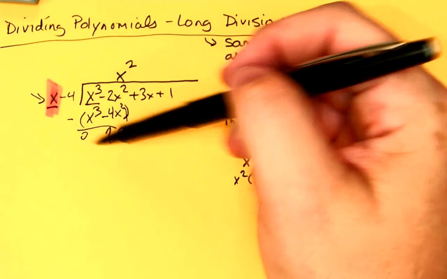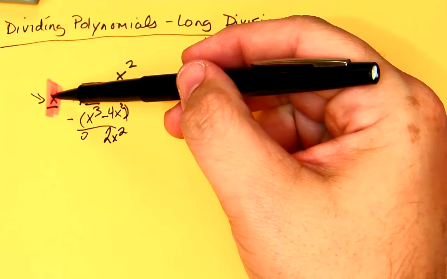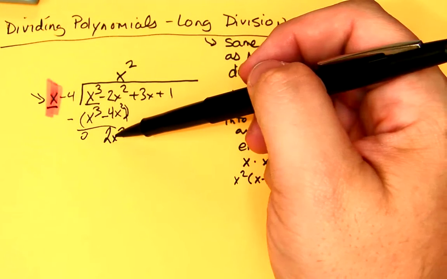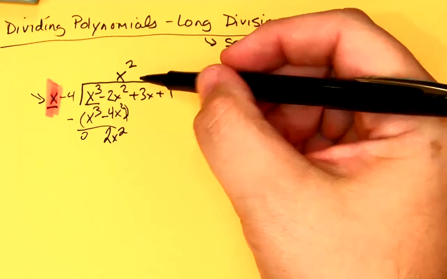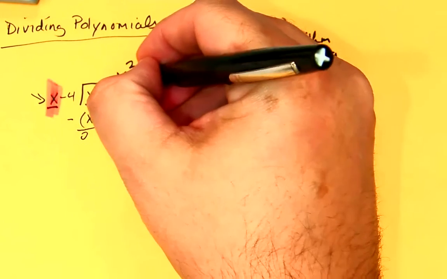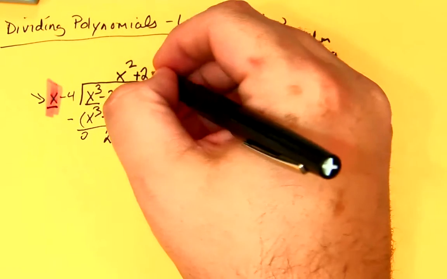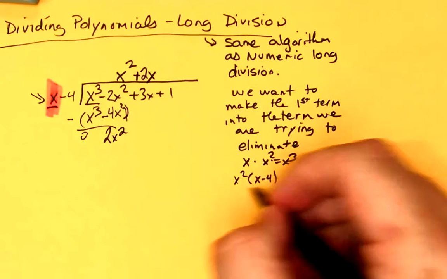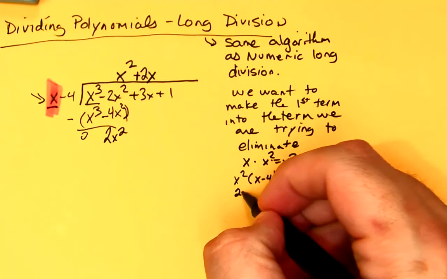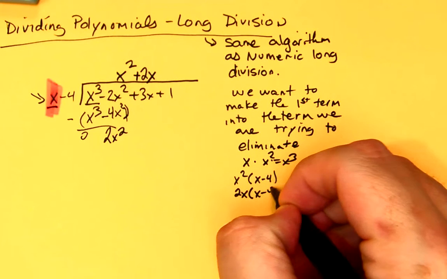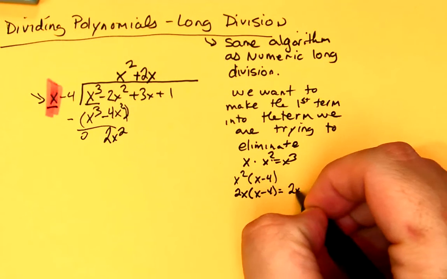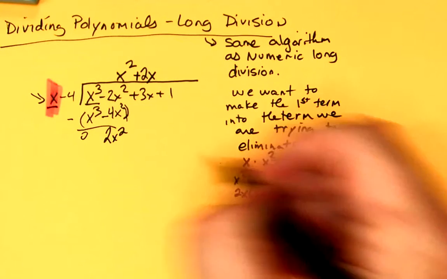That's okay. What do I do to x to turn it into 2x squared? Well, first I have to multiply it by a 2, because then 2 times x is 2x. But then I have to multiply it by an x, and so I get 2x times x minus 4, which is 2x squared minus 8x.